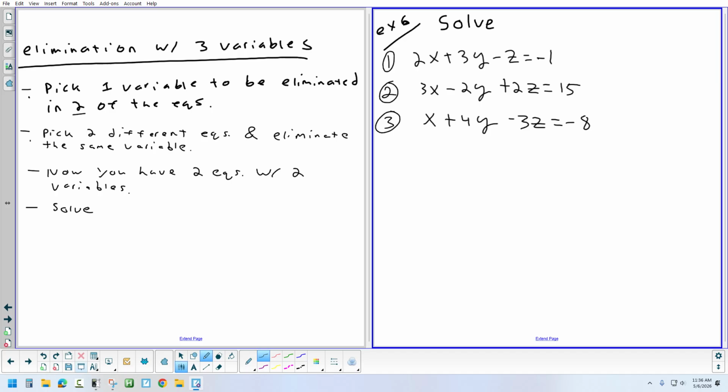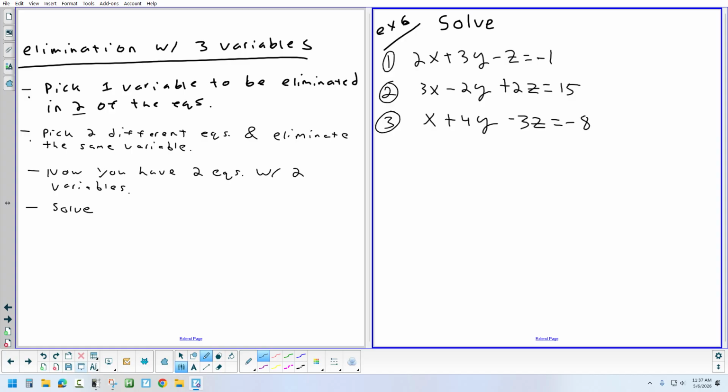Okay, so we need to pick two equations, and then we have to eliminate one of the variables in those two equations. What two equations do you think would be best to work with? And then what variable do you think we should try to eliminate?